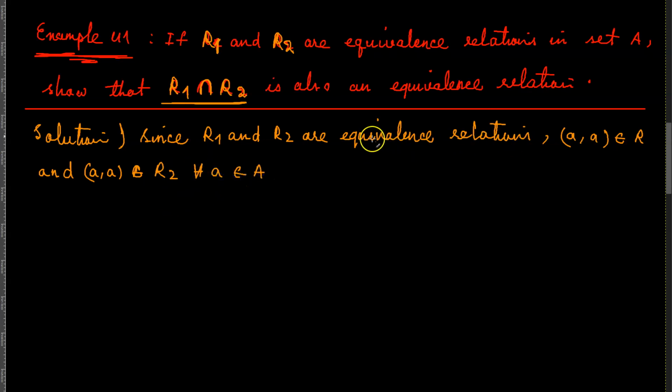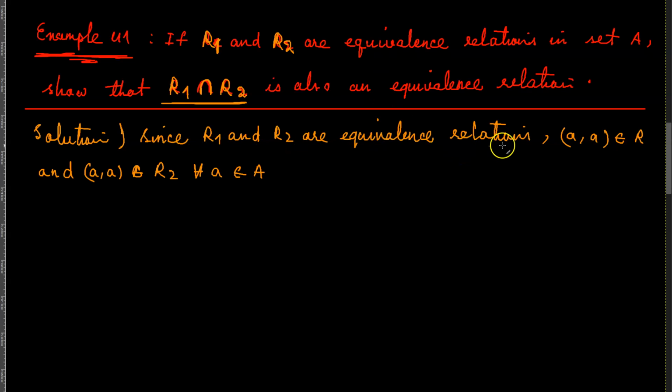So we said that if a relation is an equivalence relation, it's reflexive, symmetric, and transitive. For the reflexive part, if a relation is reflexive, that means that (a, a) belongs to that relation for every a that belongs to A, which is the same thing we have said over here.